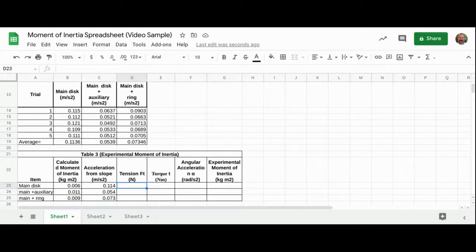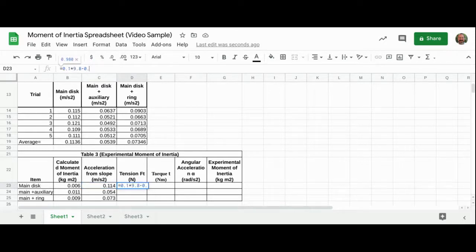Looking at the equation sheet, this is where we do the mass that was falling. We used a 100-gram mass, so that's 0.1 kilograms times 9.8 minus 0.1 times the acceleration, and we get a value here.